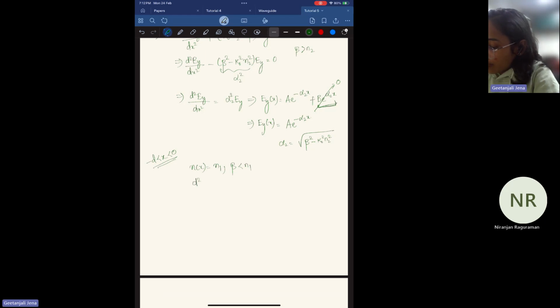So that means the wave equation d square Ey over dx square plus k0 square n1 square minus beta square Ey, it should be 0. This is already positive. So d square Ey over dx square is minus kappa square Ey.